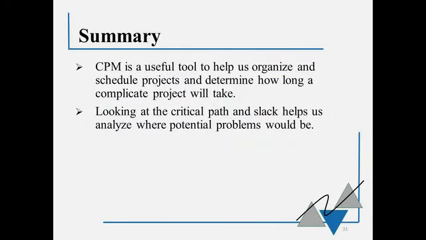In summary, the critical path method is a really useful tool that can help us organize and schedule projects, determine how long it will take to complete a project, and looking for that critical path and the slack helps us analyze where potential problems could be in this project. So that can help us with various kinds of sensitivity or what-if analysis.